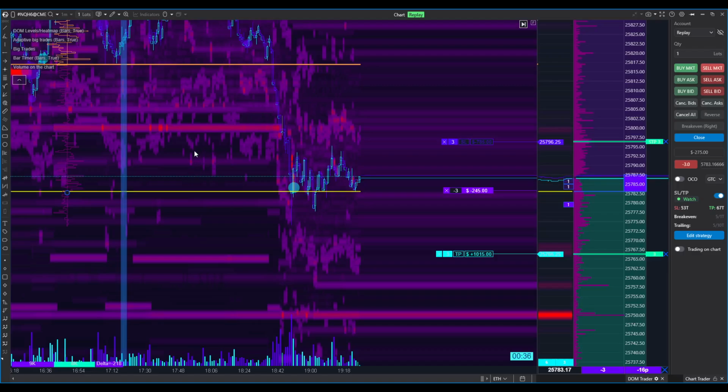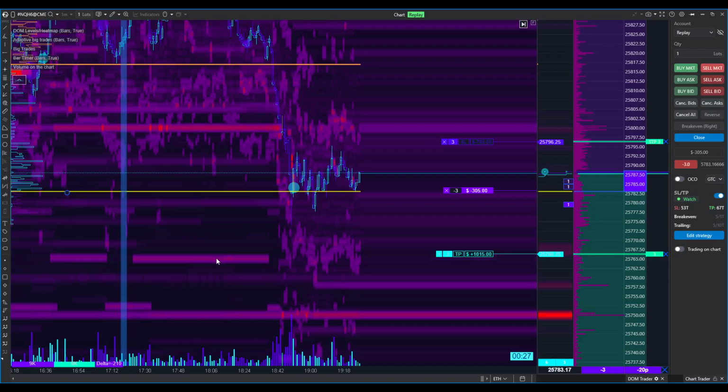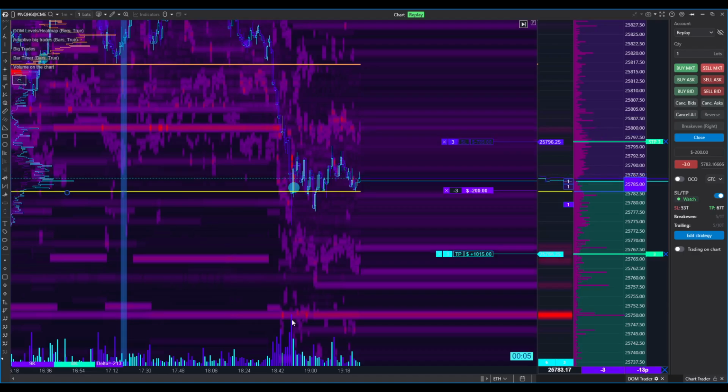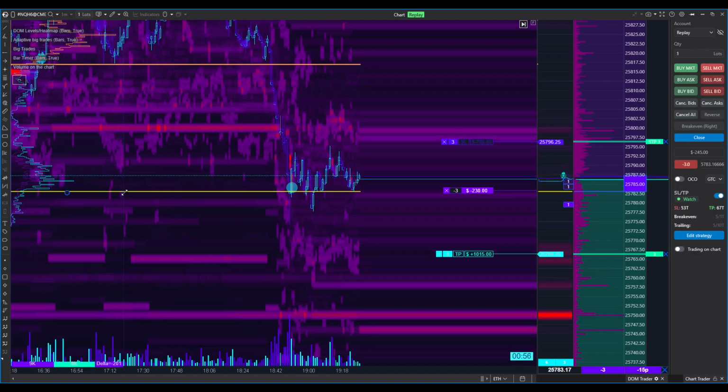You can look at the total delta, and you can look at the delta colored, either the buy side or the sell side, who is stronger. And you can do the delta over volume, which I personally like, but the bid-ask tells me what's really going on.